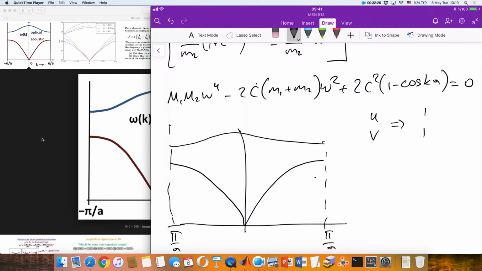In the other one, which will correspond to translation, right? In the other one, U and V will have opposite signs. Maybe not 1 minus 1, but something related to M1 and M2. So actually, let me cheat from here. I think it will be something like minus M2 plus M1. Okay?